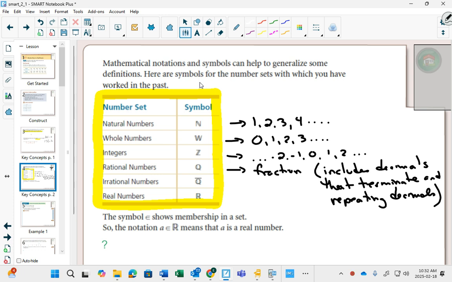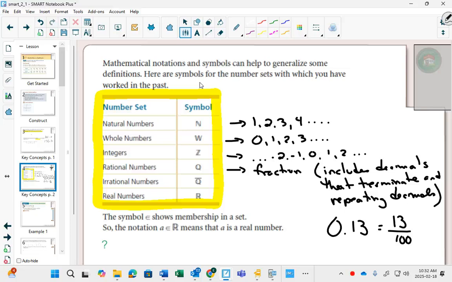Because any decimal that ends, you can definitely write as a fraction. For example, 0.13. That ends. The first decimal place is your tenths. The second decimal place is your hundredths. So 0.13, since that ends in the hundredths, you could write it as 13 over 100.